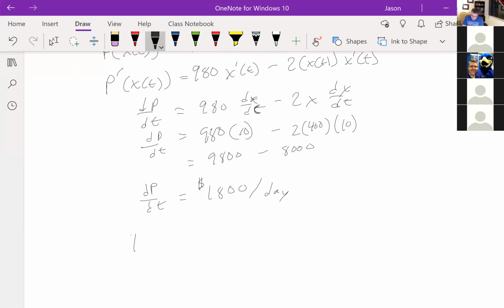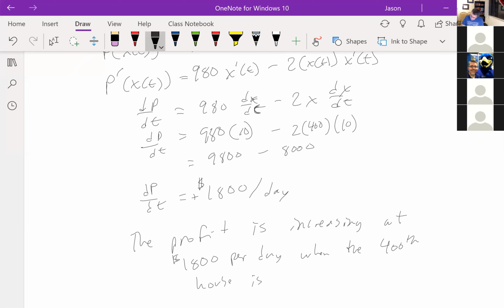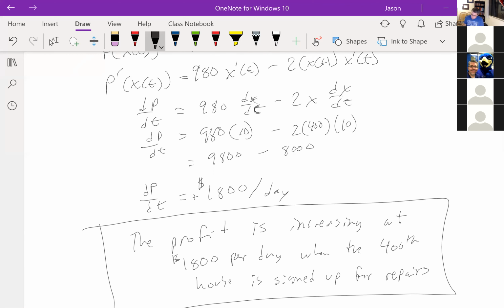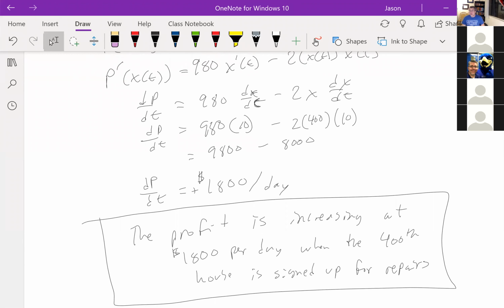This is saying that the profit is increasing, because it's a positive number, at $1,800 per day when the 400th house is signed up for repairs. So at the time that we're going up 10 houses a day, we're also going up $1,800 per day, or approximately $180 per house.